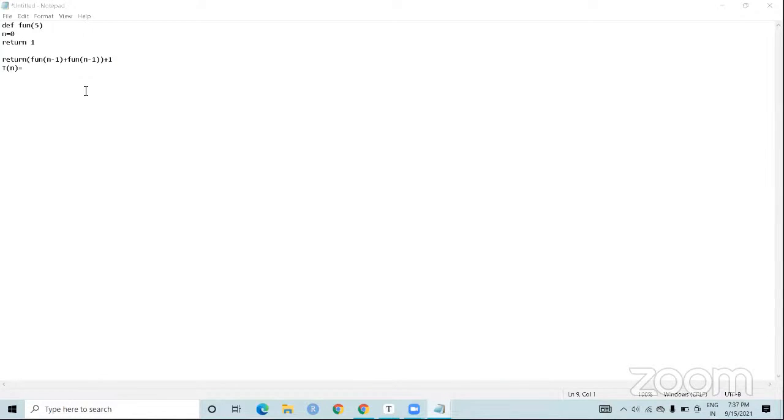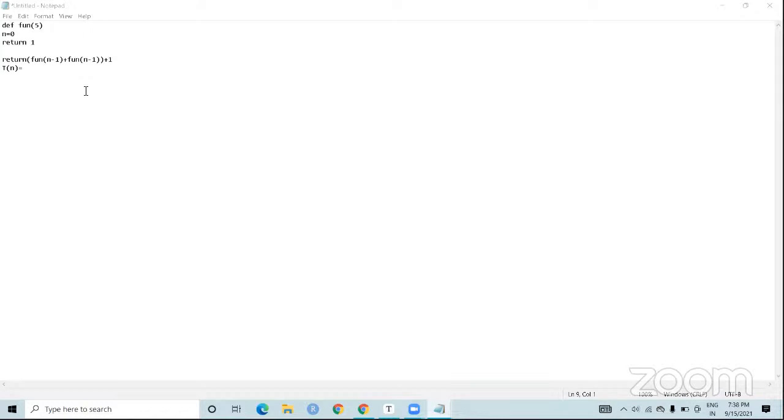The plus one is for when the program is coming from upward to downward. Why are we adding this plus one? Because suppose it is coming from upward, and then some function comes here, fun(5), and then it will go to that section, return fn minus 1.